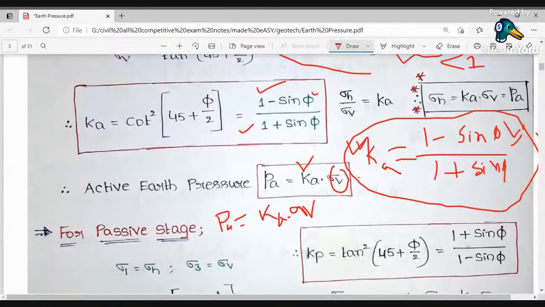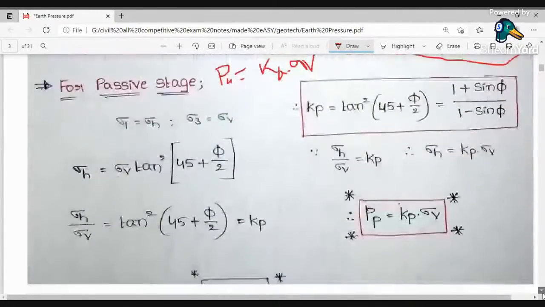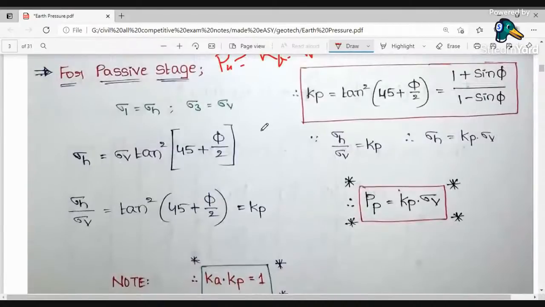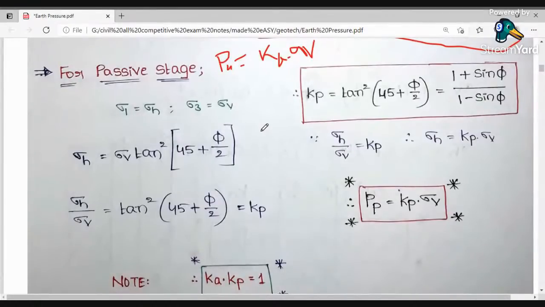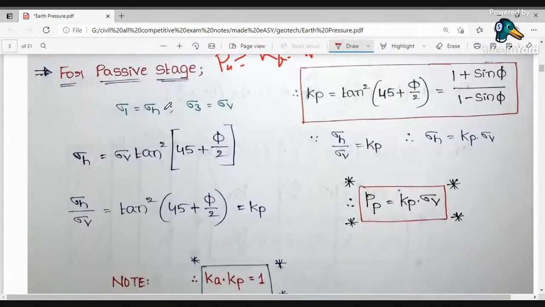Then similarly we can derive for passive stress. So how to derive for passive stress we can discuss now. In case of passive stress, here the reverse thing happens. In case of active state the major stress is sigma 1, the vertical stress.